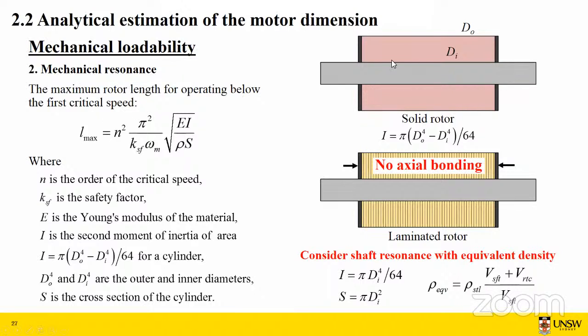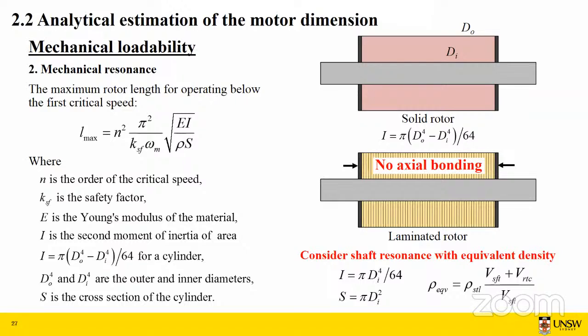What is the first critical speed? The first critical speed is the speed of the rotor that makes the rotor shaft reach its first order resonance.